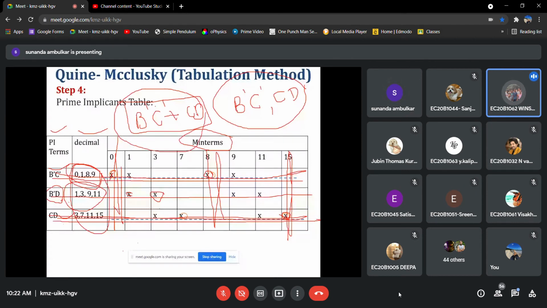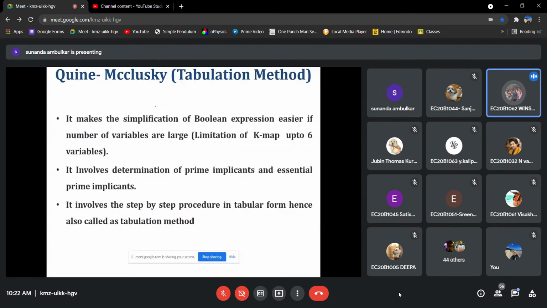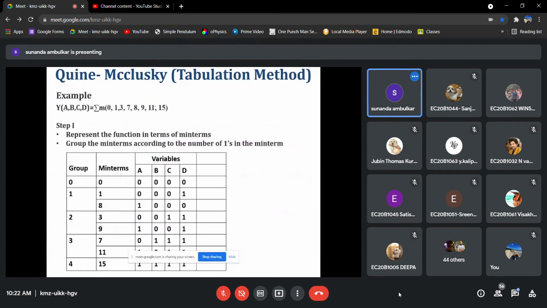But in the question they gave the min terms at the start, 0, 1, 3, 7, a few numbers. What's the expression equivalent to that? Okay, this one: a dash b dash c dash d dash plus... that is 0, 1.